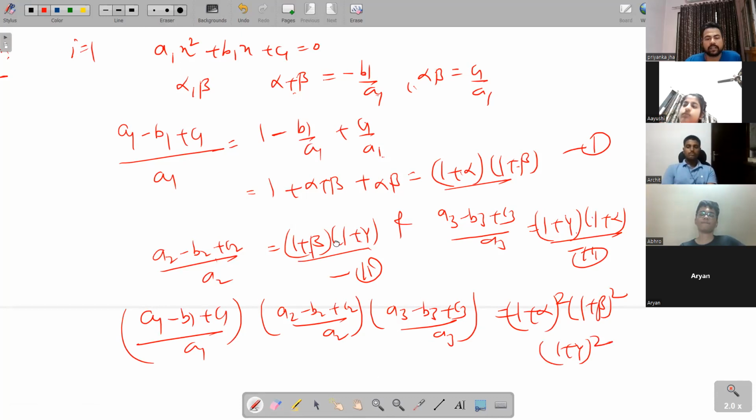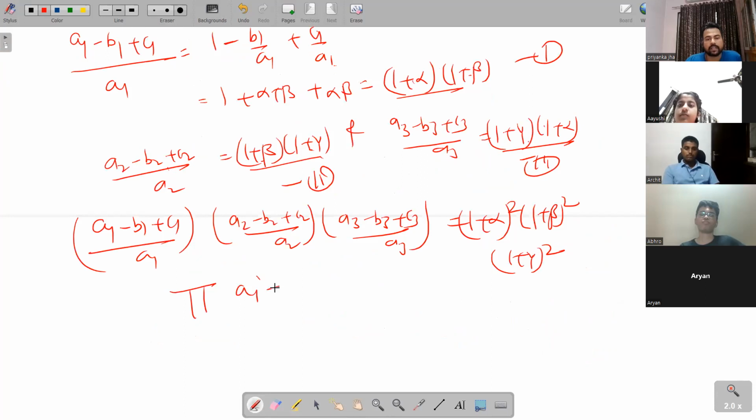Now you can simply write this as the product over i equal to 1 to 3 of (ai minus bi plus ci) upon ai.